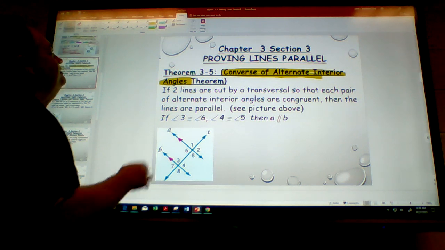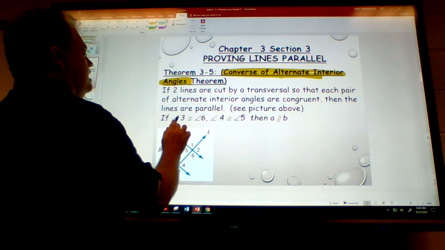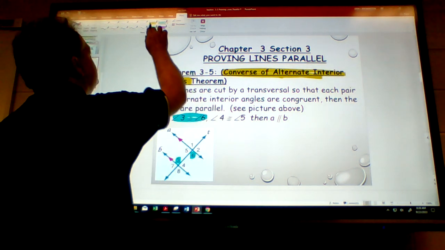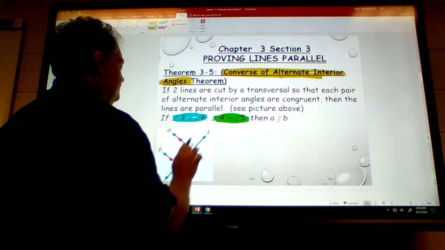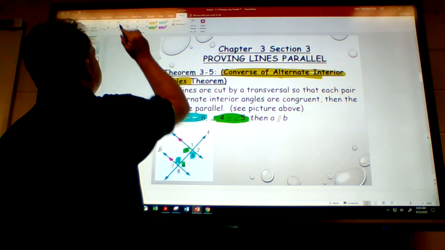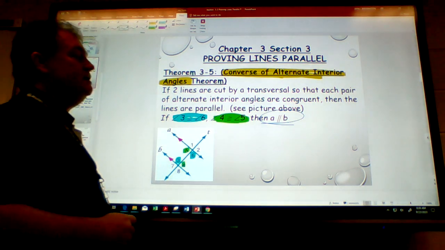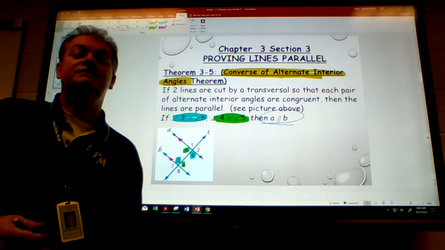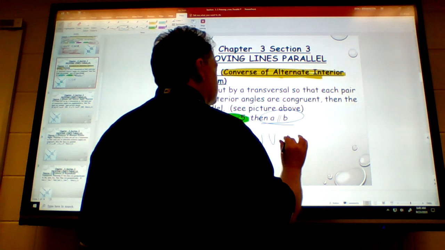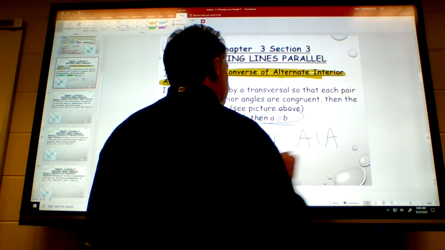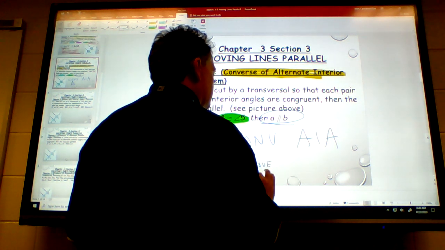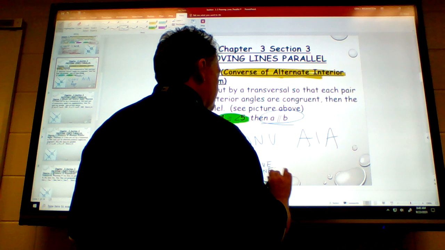It says if angle 3 is congruent to angle 6, or angle 4 is congruent to angle 5, then A is parallel to B. Once again, we say if the angles are congruent, then the lines are parallel. And that is the converse of alternate interior angles. And remember, only prove lines parallel.